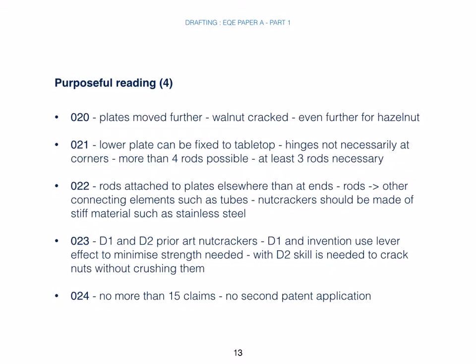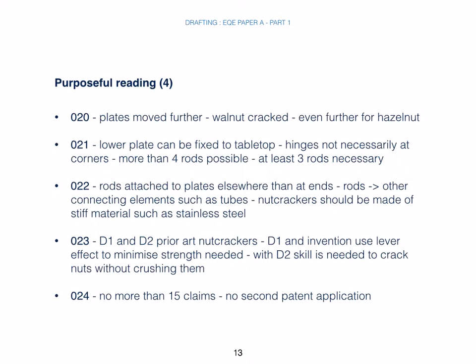And then we go to paragraph 23, which says, for your information, documents D1 and D2 are annexed to this letter. D1 and D2 describe nutcrackers that are currently available on the market. Like my invention, the nutcracker of D1 uses a lever effect.